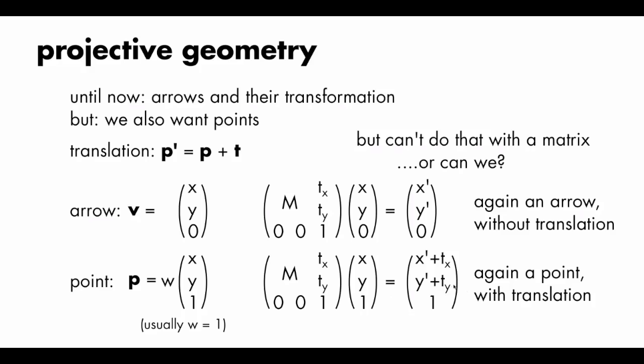So what we get out of it is again a point, and the components also have this translation applied to them. So this is very nice. So with the same 3 by 3 transformation, we can transform arrows and points in a consistent way, such that they retain their character, so to speak.